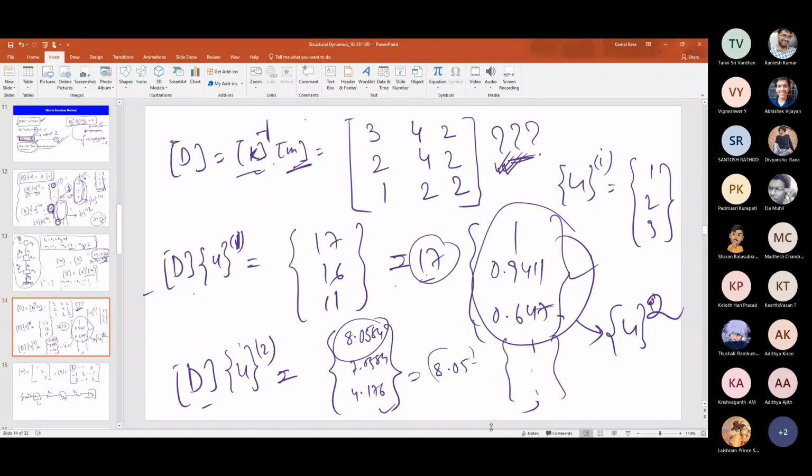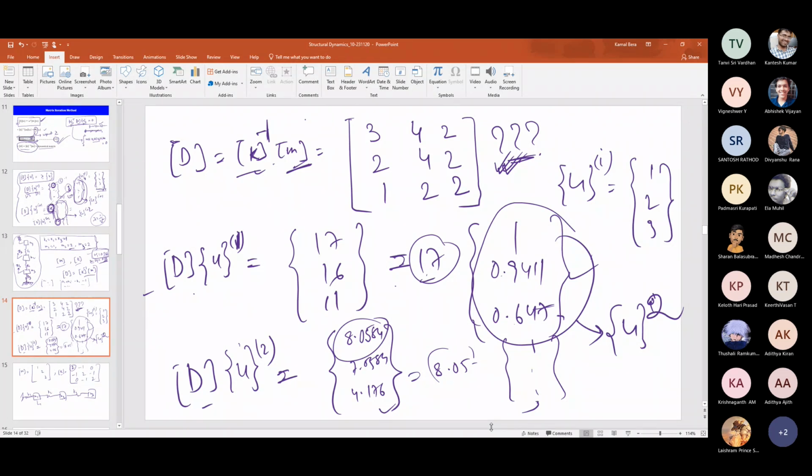Anybody has any difficulty in understanding what is the procedure and why the D matrix is like this? What is happening in each step, or how to get the natural frequency? I mean, first the eigenvalue lambda you will get, because then you will get the 1 by omega square.